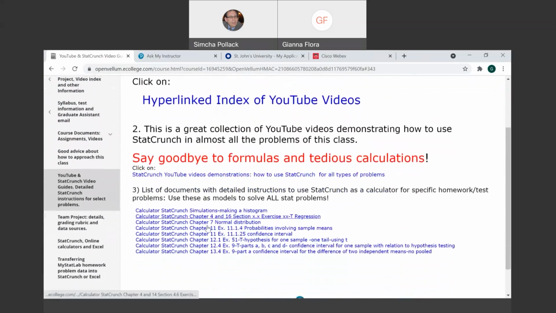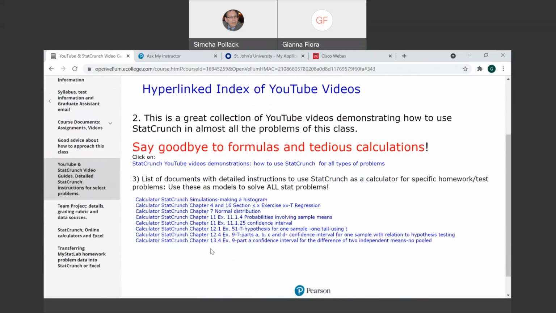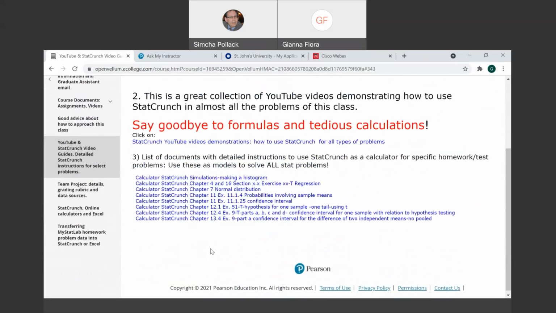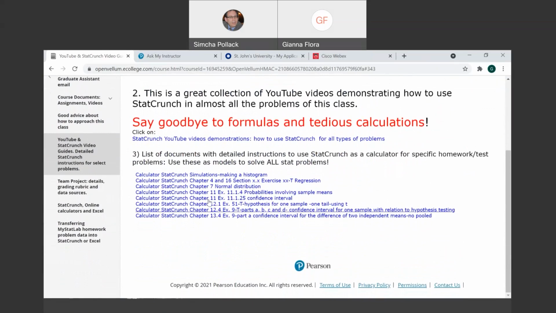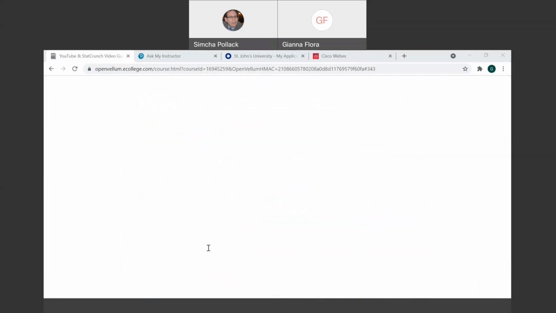First of all, it has all the YouTubes that I made in that first document. But then below it, go down to chapter the fourth, one down. Click on that. No, one up. Okay, and that should open up a document that hopefully shows you how to do these examples.